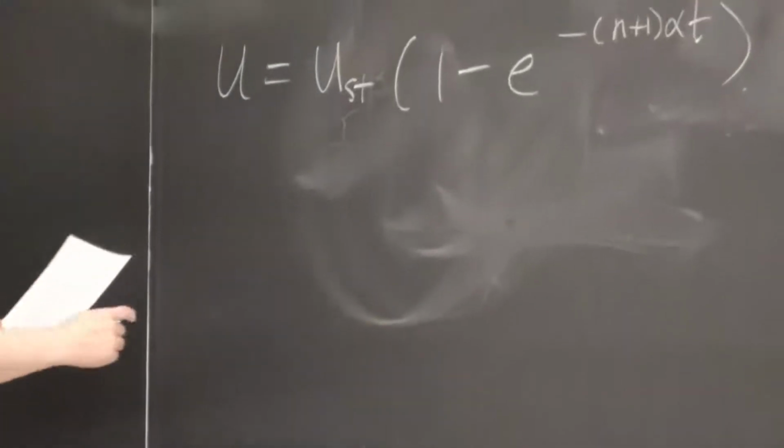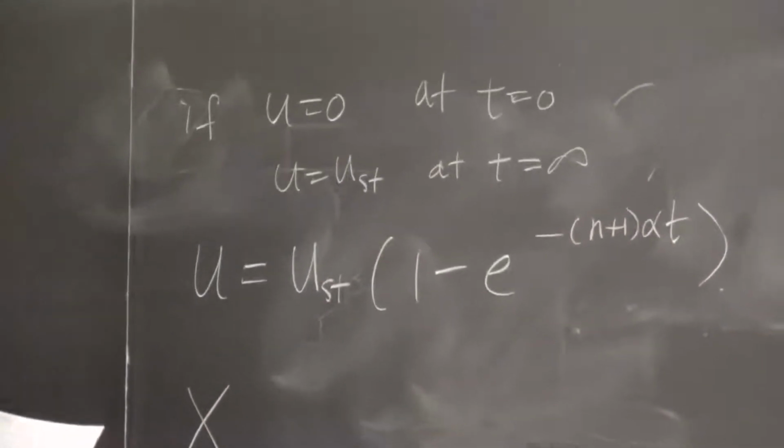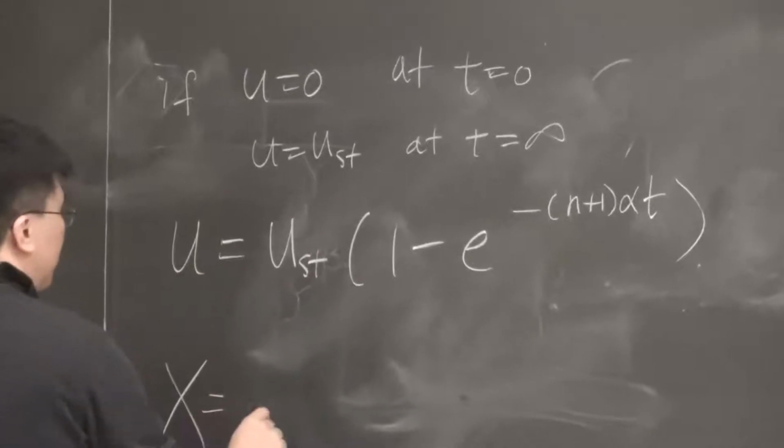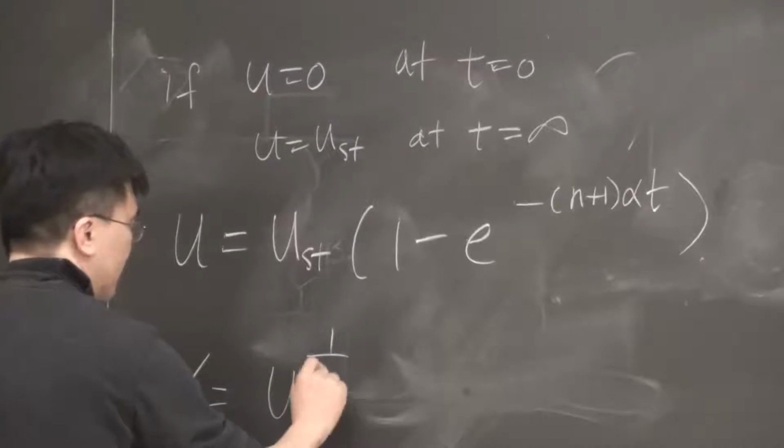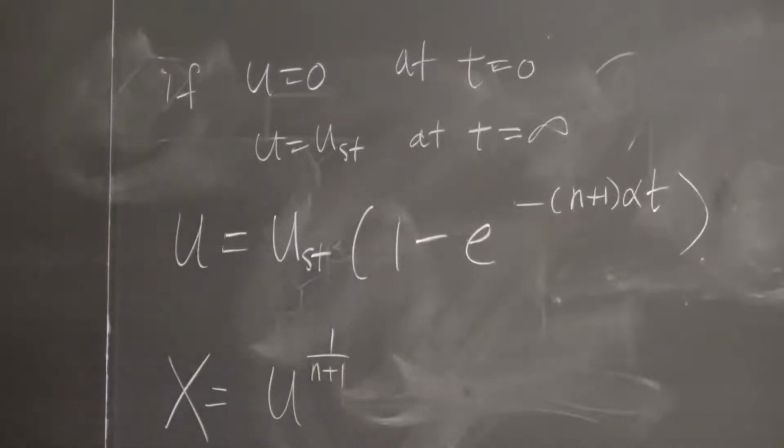But now I can go back to X, which is U to the 1 over N plus 1.